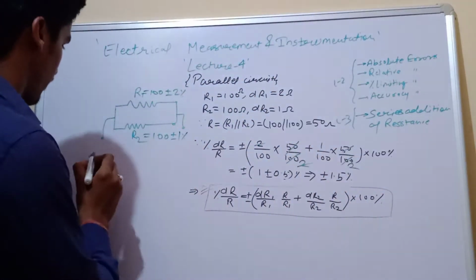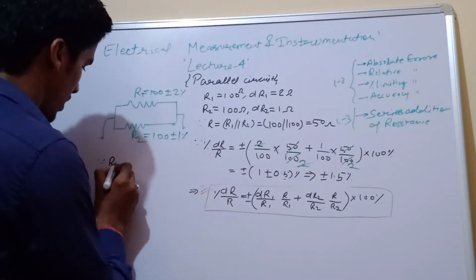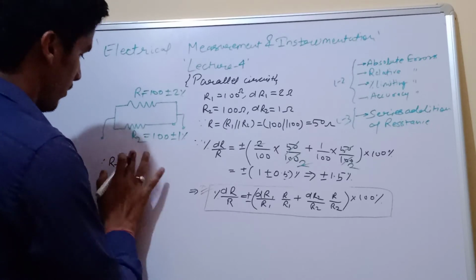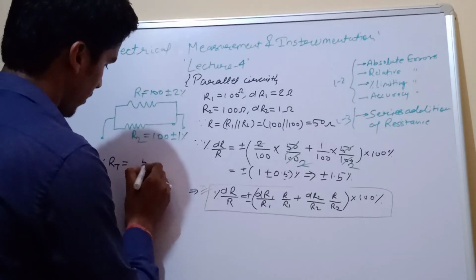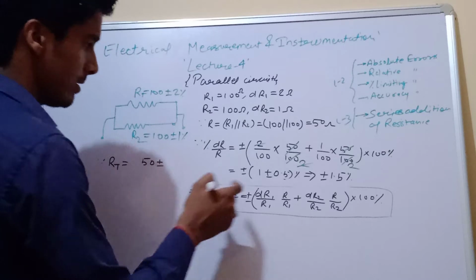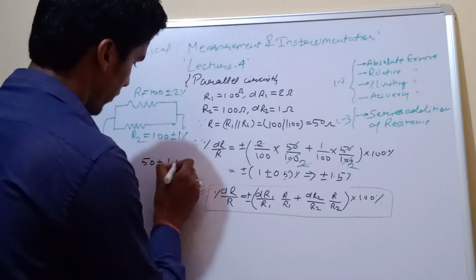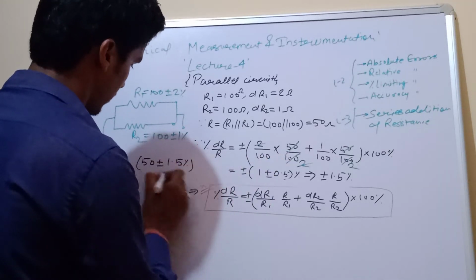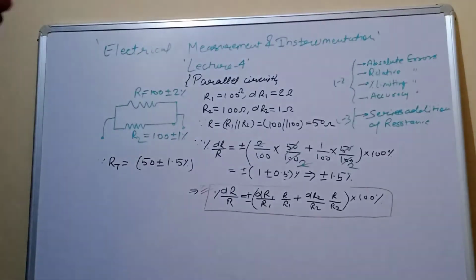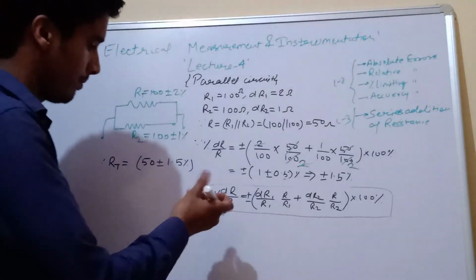Okay, so the RT value will be equivalent to 50 plus minus 1.5%. Okay, this will be 50 ohm plus minus 1.5%.